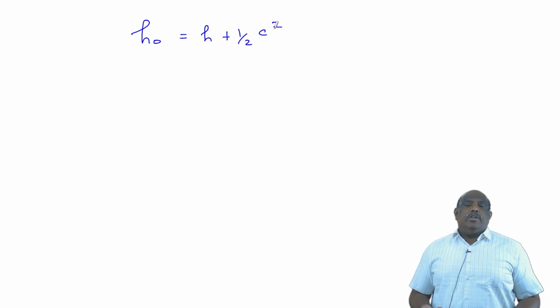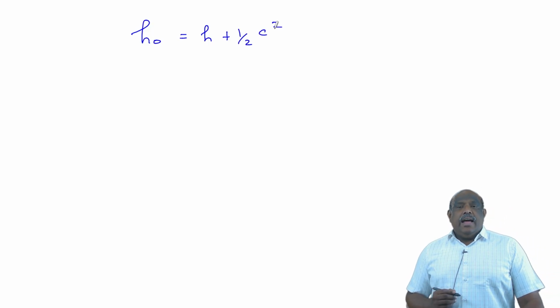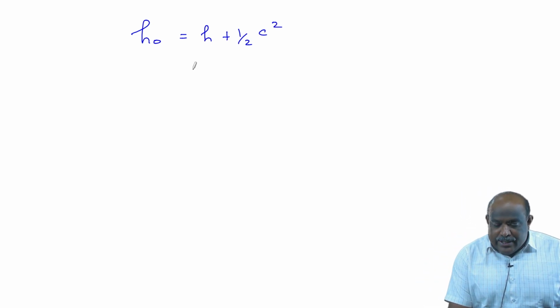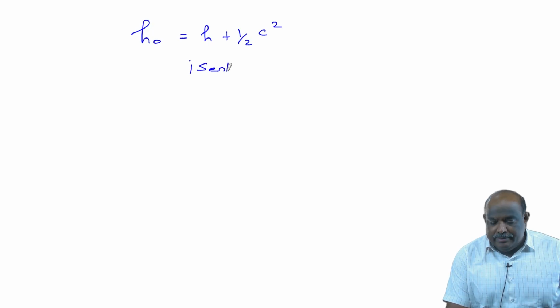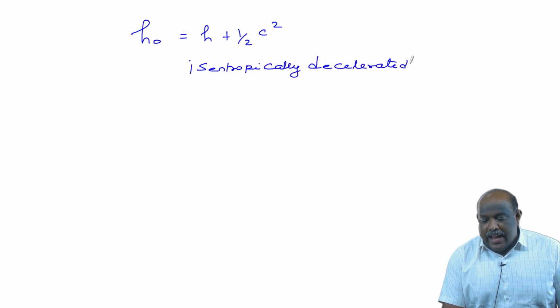But when you want to go for stagnation pressure, the keyword is not adiabatically decelerated. Instead of that, it is called isentropically decelerated. The earlier keyword was adiabatic. Now the keyword is isentropic for getting stagnation pressure.